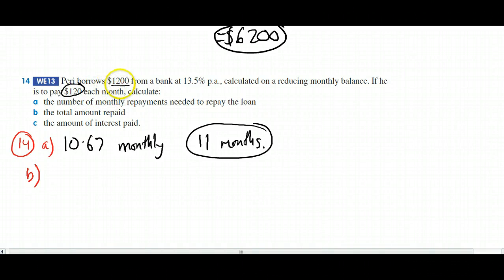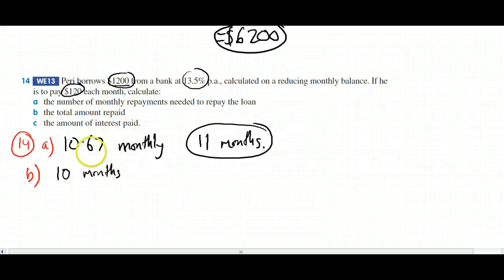He's going to have paid off the amount of that debt if there wasn't any interest. Okay, but because of the interest, after 10 months, there's still a little bit extra that he hasn't paid off. That's why he needs this extra 0.67 of a month to pay off that interest.